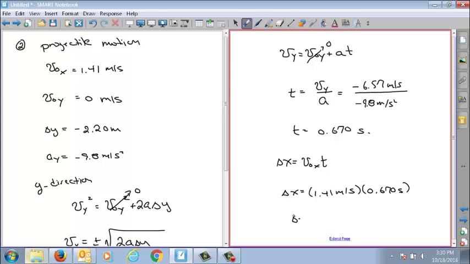You can see meters per second times seconds, the seconds cancel out, so you get meters. And I get delta x equals 0.945 meters. So that's how far it goes.